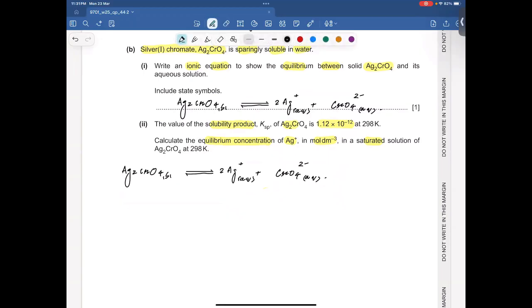According to the equation, both of them have a 1:1 ratio, and with silver ion it has 2. We need to find out the concentration of silver ions. Since it has 2 moles, let's suppose it's going to be 2x, and since it has a 2:1 ratio, which means if it is 2x, it must be x.